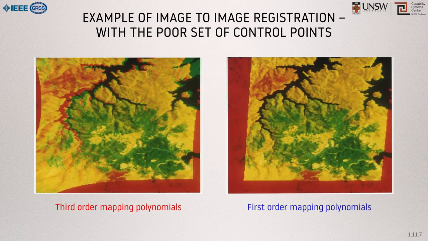Without changing anything else, the image on the right-hand side was generated using first-order mapping polynomials. As observed, the extrapolation of the registered 1980 image in green is much better than when the third-order polynomials were used. There will be greater registration error in the vicinity of the control points, but that is not noticeable visually in this simple case.